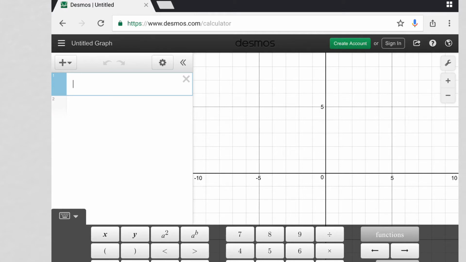So you want to type in the left side of the equation. It doesn't matter what equation you have, like I mentioned in class, you put the left expression as y1 and you put the right expression as y2 for the second equation, and it's going to graph two lines with different colors.